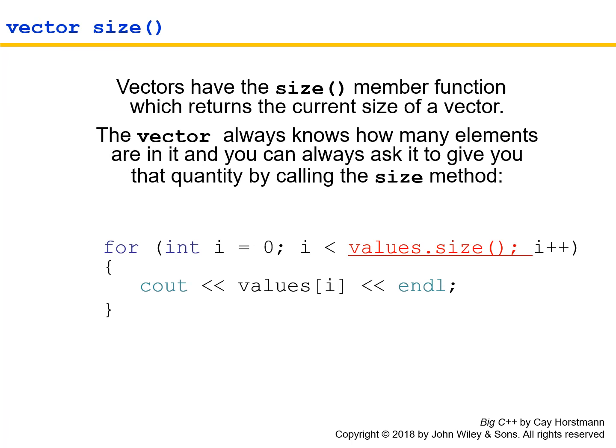With a vector, you can call the dot size member function. If values is your vector, you can call values dot size, and if you make your for loop go to i less than values dot size, you're never going to exceed the bounds of your vector.